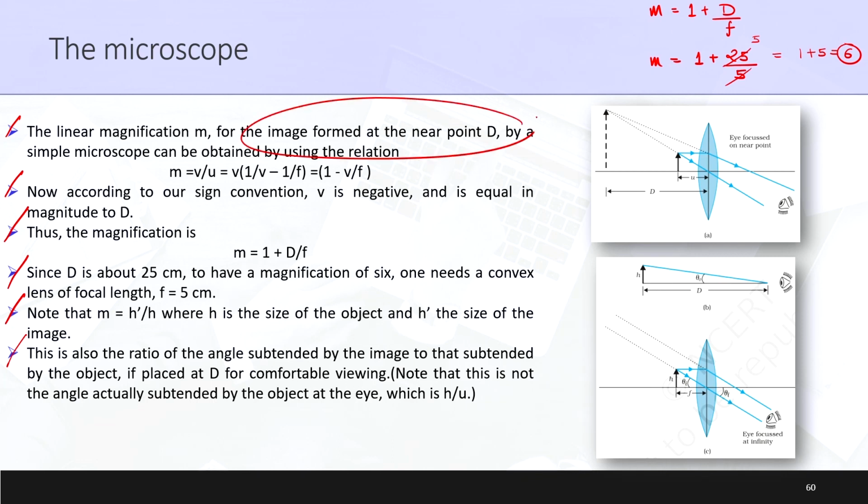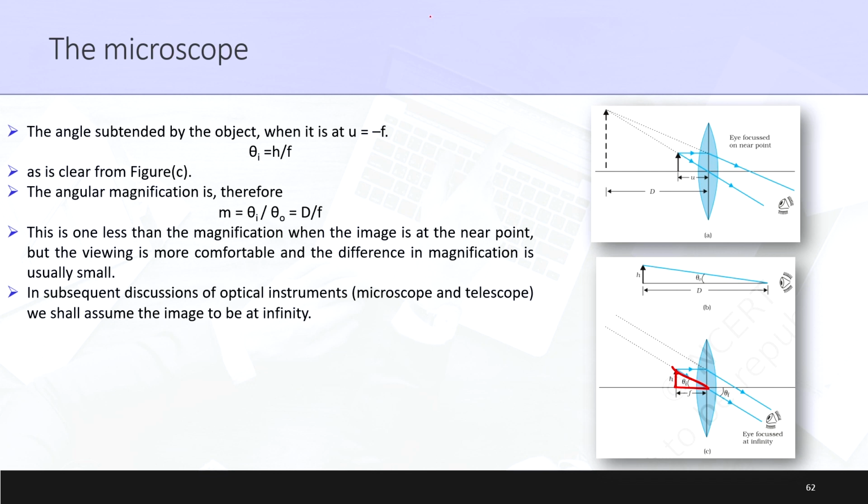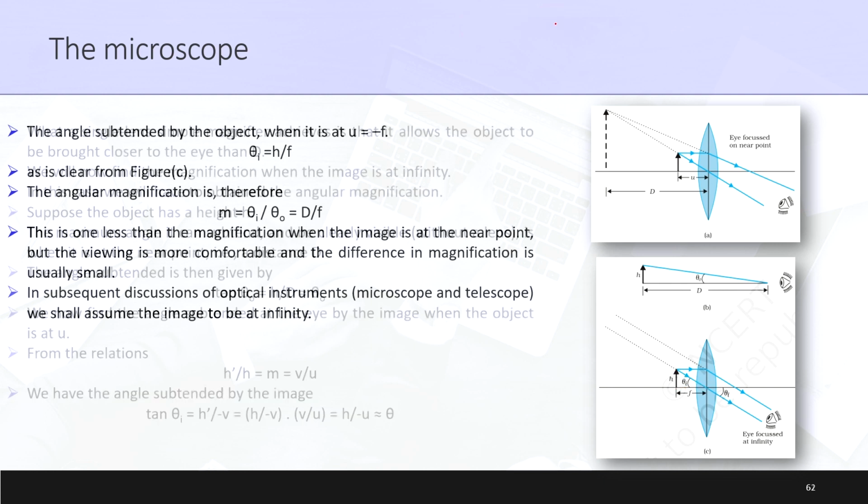First is the image formed at the near point, capital D.